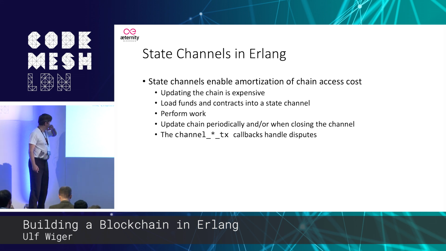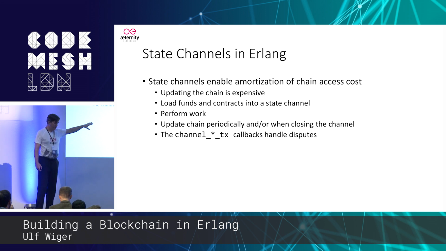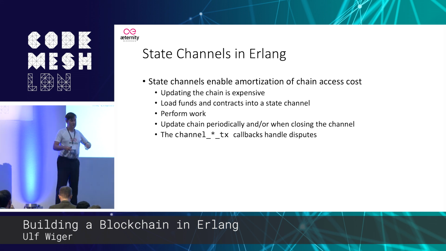I talked a little bit about the state channels. One of the big problems with state channels is that you could say this is a limited trust environment. If the blockchain is a no-trust environment, everything is validated, and this is why it's so expensive.